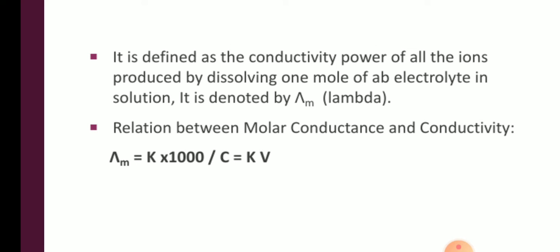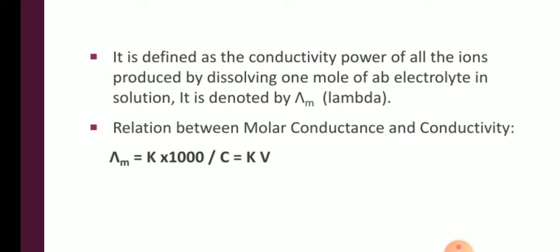It is denoted by lambda. The relation between molar conductivity and conductivity is: molar conductivity is equal to conductivity multiplied by 1000 by the concentration, that is, conductivity multiplied by the volume of the solution containing 1 mole. When you multiply the conductivity with the volume of the solution, you get the value of molar conductivity.